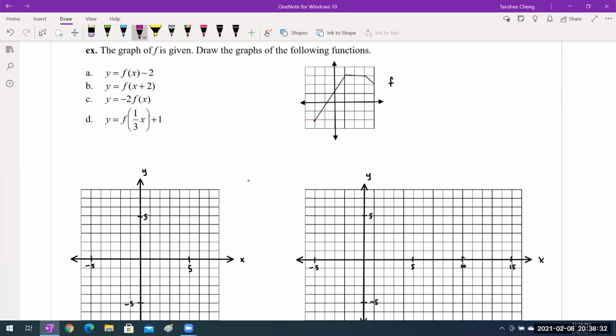For example, this point, this point, and that point. So this is basically -2, -2. For this point it will be 1, 3. And for this point it will be 3, 3. And this last point will be 4, 2.